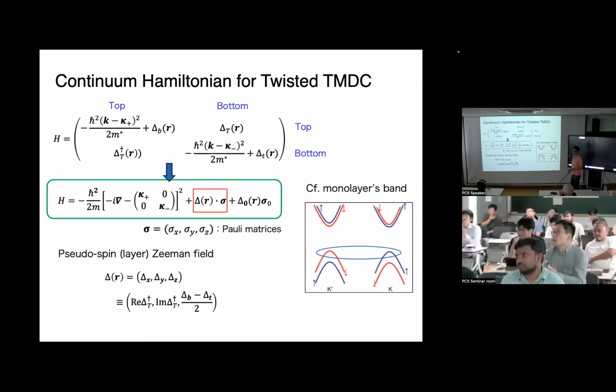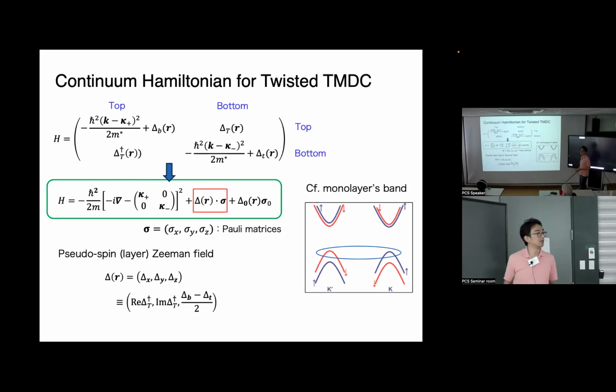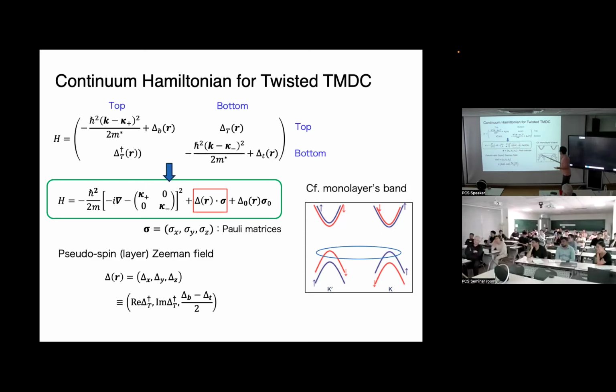You have C2D symmetry, so then you are allowed to have this. This diagonal Hamiltonian is not R dependent, am I right? Is this R dependent? Yes, this is R dependent, because this is the position-dependent gap, half of the gap size, or something.